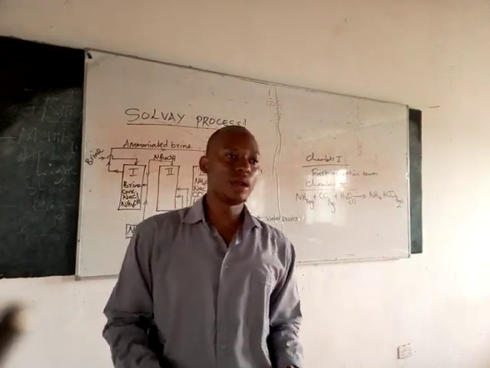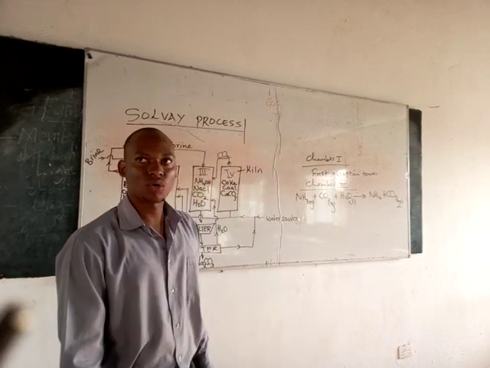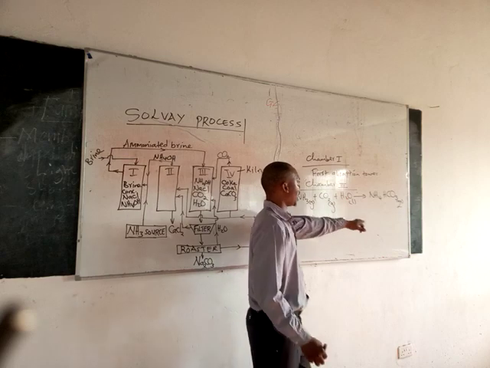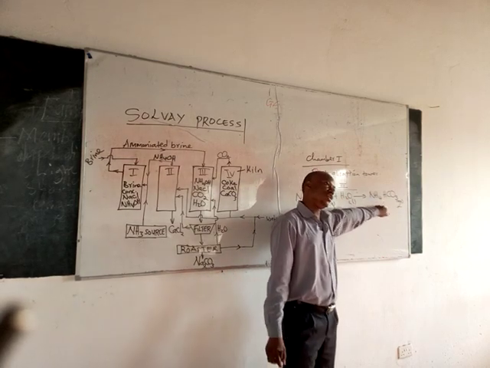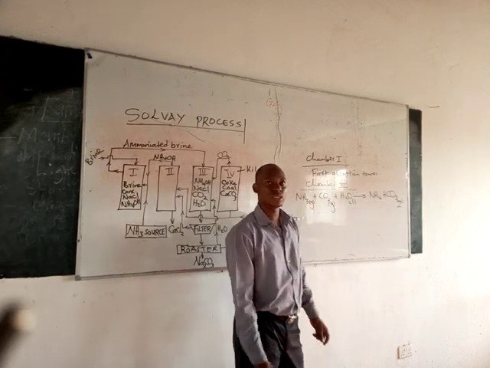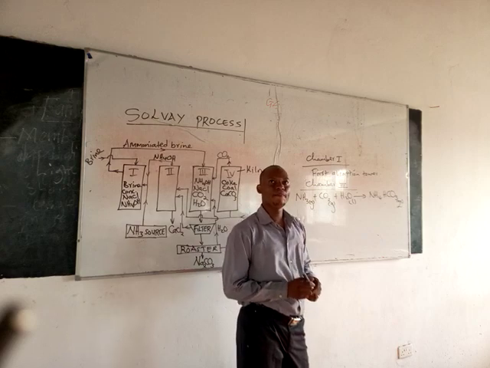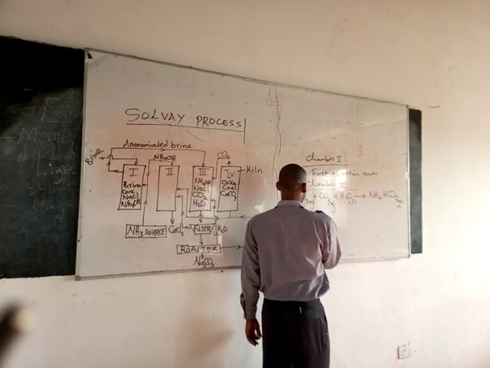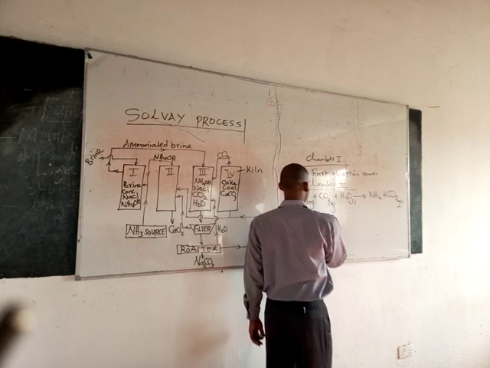Then there will be the second step reaction. The second step reaction in this case will be the combination of this product, ammonium hydrogen carbonate, with brine. So it is now going to react with brine.